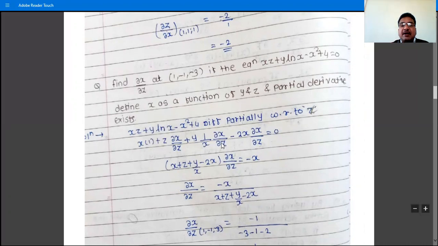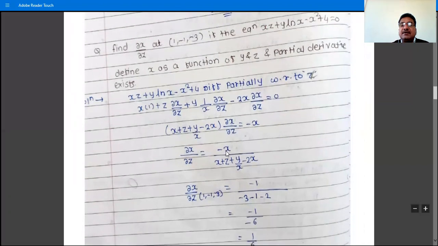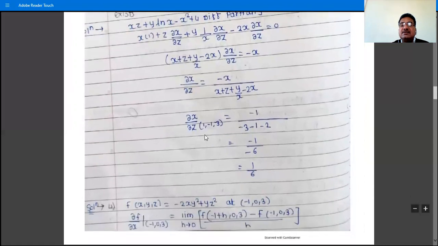Minus x square: its derivative is 2x ∂x/∂z, because the derivative is with respect to z. If there were z square, its derivative would be just 2z, but it is x square, so its derivative is 2x into ∂x/∂z, equal to 0. Take ∂x/∂z as common and we have this answer, and then the answer at (1, -1, 3) is this.